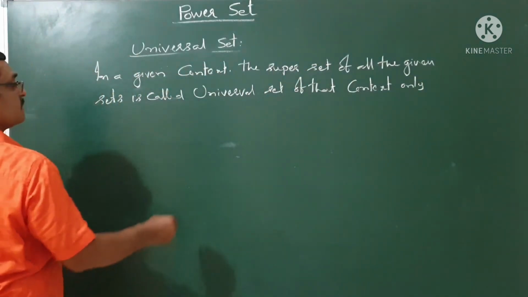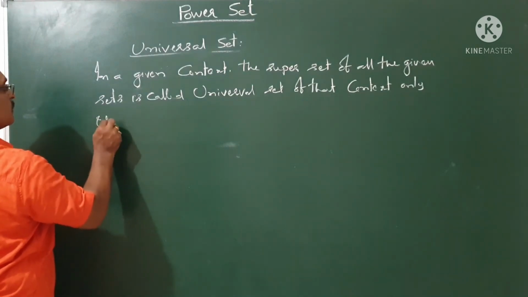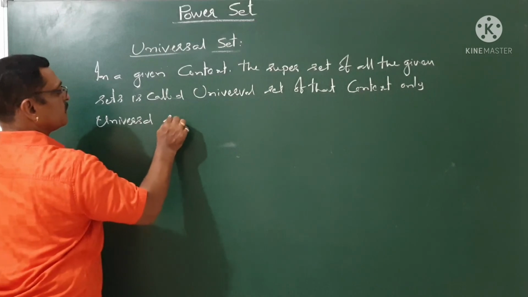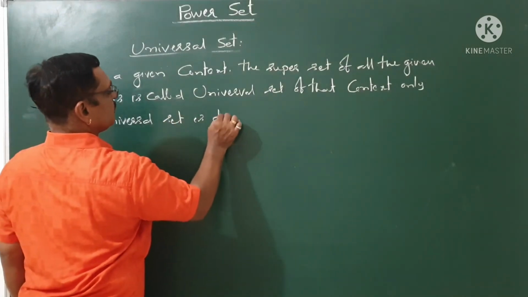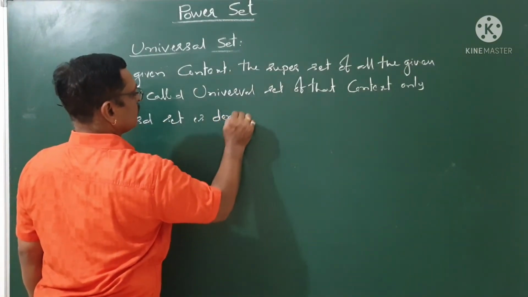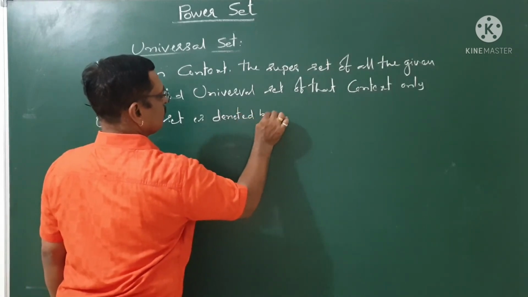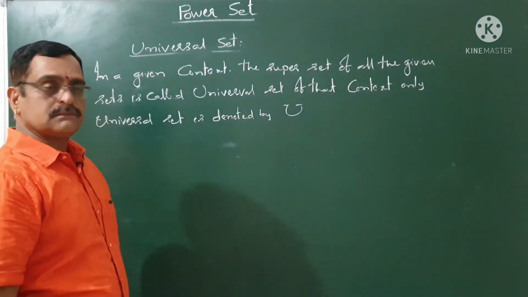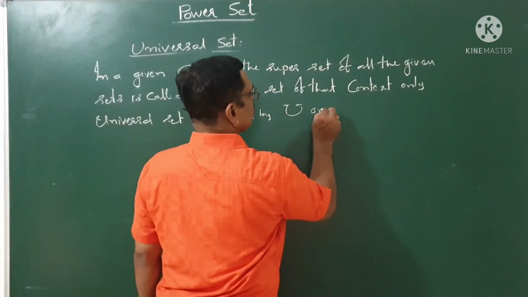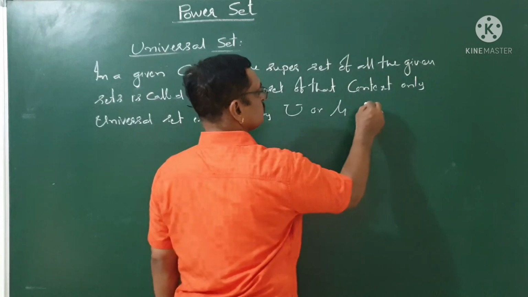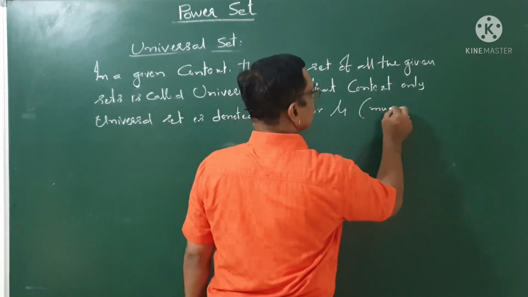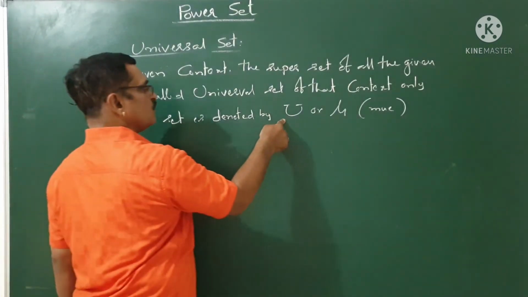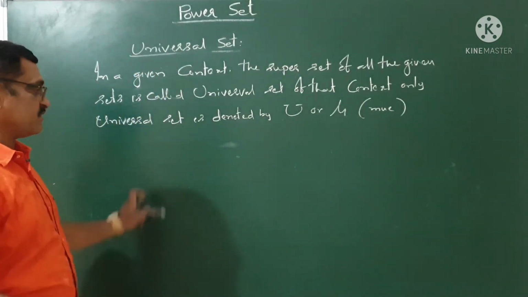And what is the symbol here? Denoted by: the universal set is denoted by, in most of the textbooks, capital U, or you can use the symbol mu, either U or mu. For you, U is the comfortable notation.